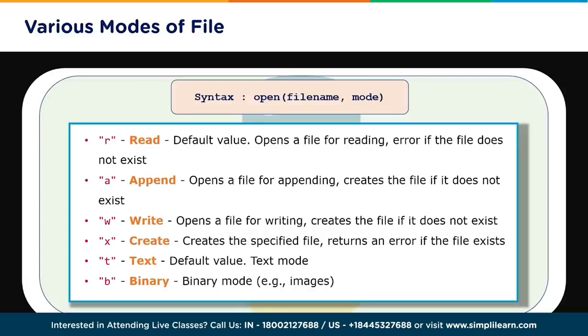And the next mode is the binary mode. If you specify B, it means that you're trying to open an image or any binary mode related file, which cannot be opened in a text mode. So we will see certain examples of these modes in our Jupyter notebook when we run certain examples on a sample file.